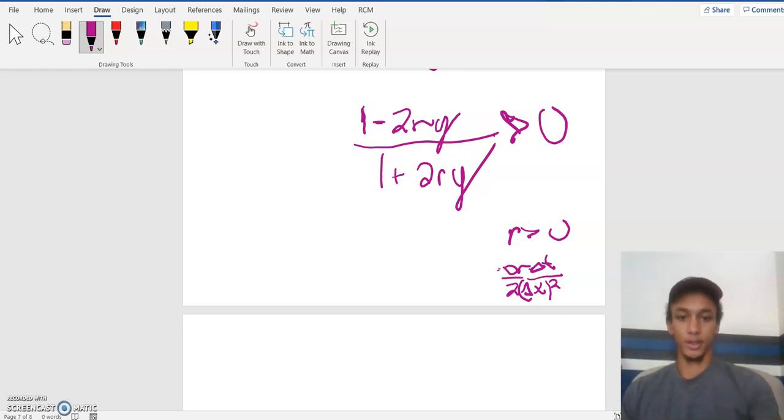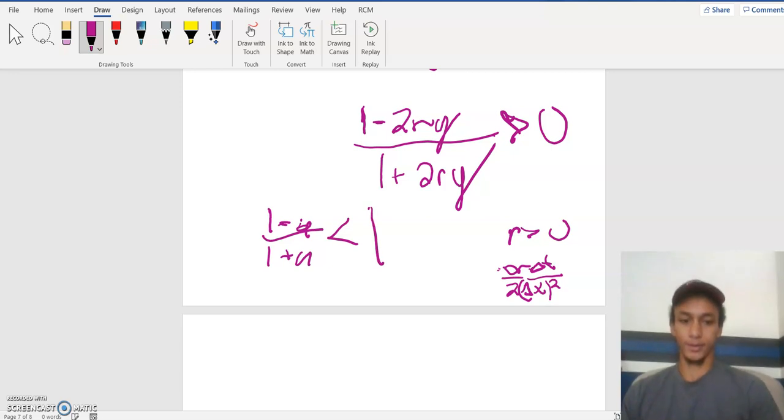And we can say this here is essentially 1 minus a over 1 plus a. And what you can tell from this expression is that it is always going to be less than 1. So any value less than 1 for r is going to be completely stable. So any delta t, delta x constraints won't matter anymore, no matter how big or how small they get.